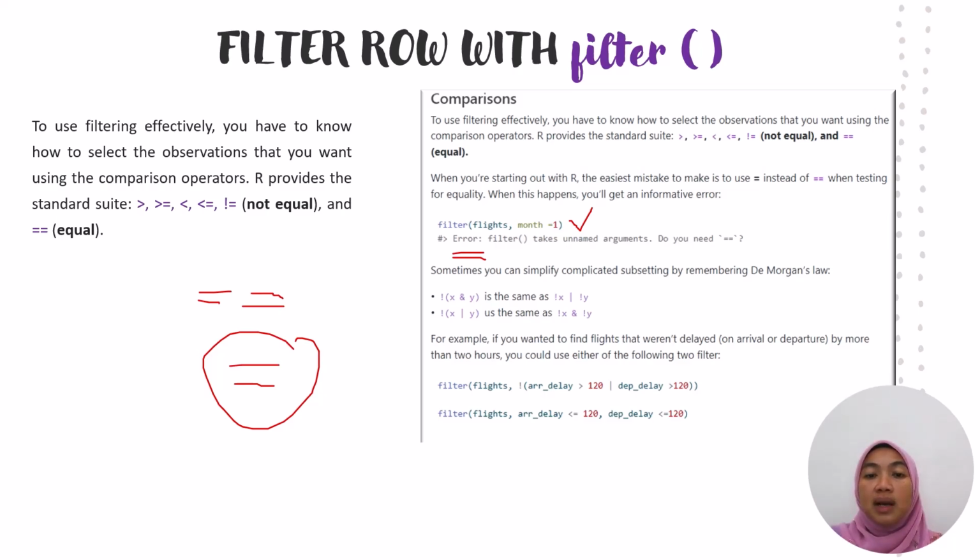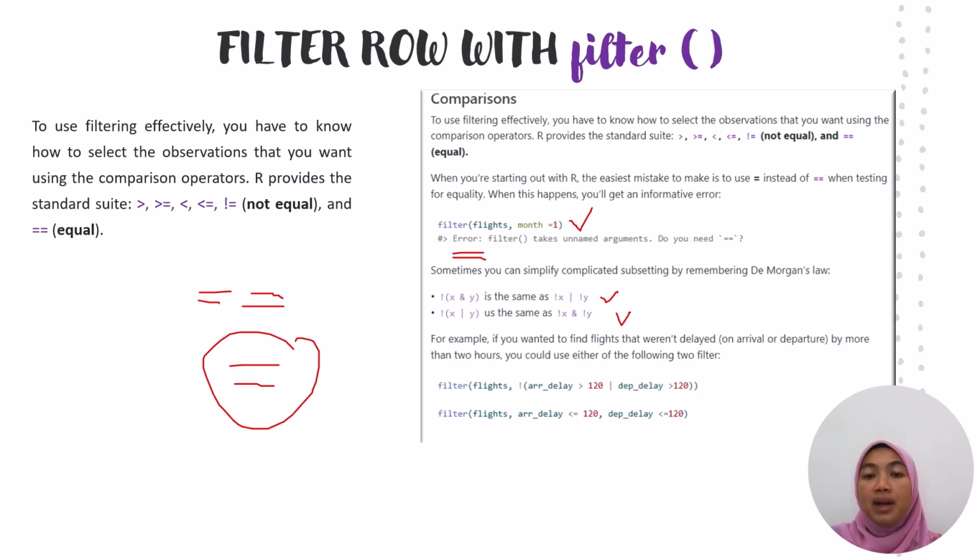Sometimes you can simplify complicated subsetting by remembering De Morgan's law. Here is De Morgan's law. This one is the same as here, and the second one also.